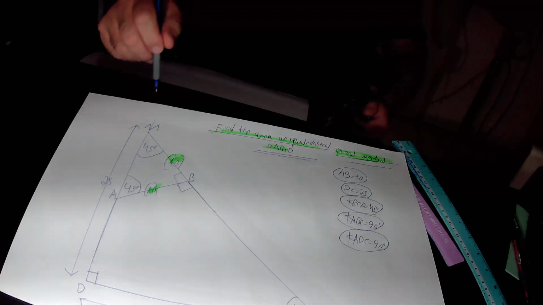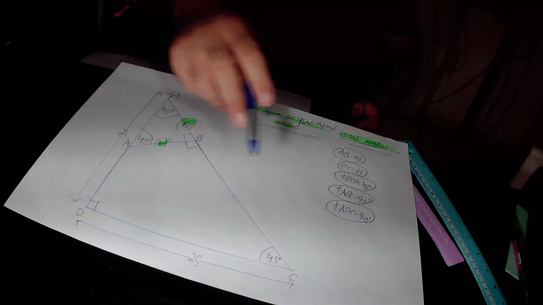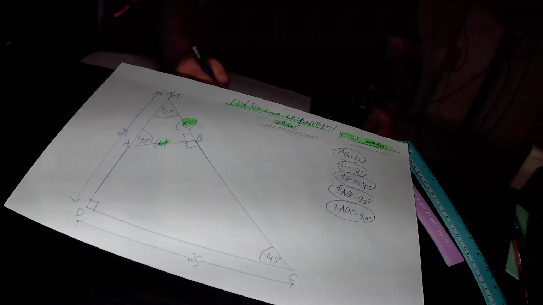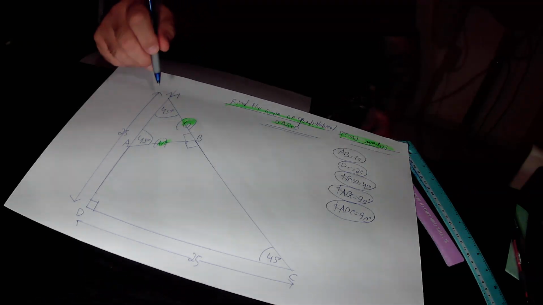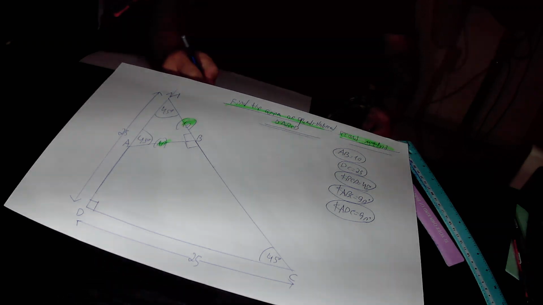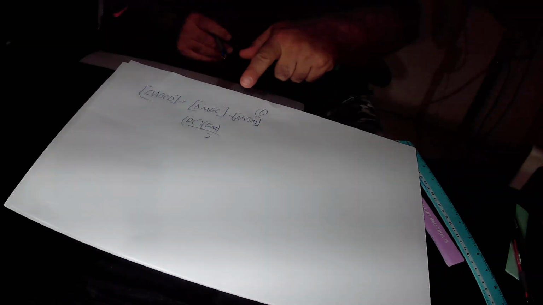The area of the big right triangle MDC equals the base DC times the height DM divided by 2.